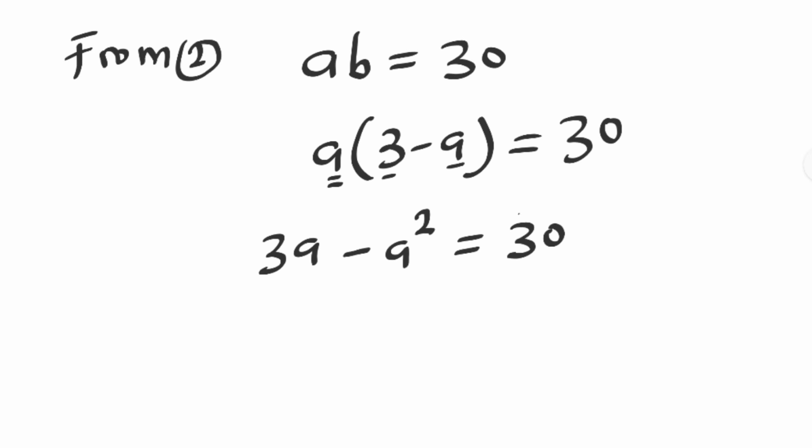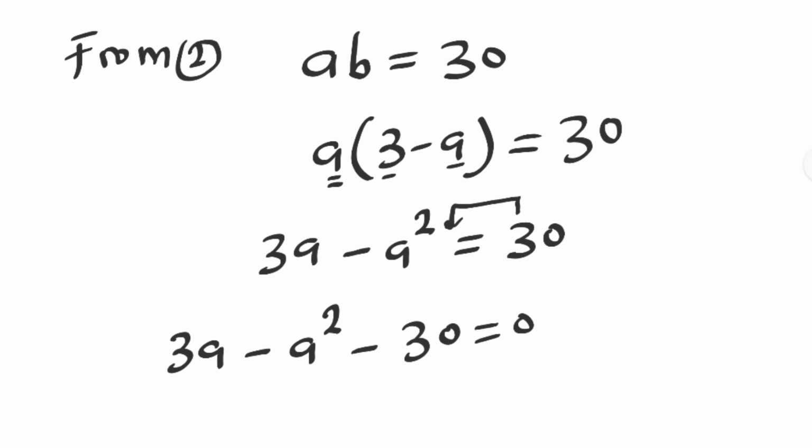Let us bring this 30 to this side. Then this is 3a minus a square minus 30 is equal to 0. Let us divide the whole of this equation by minus 1.